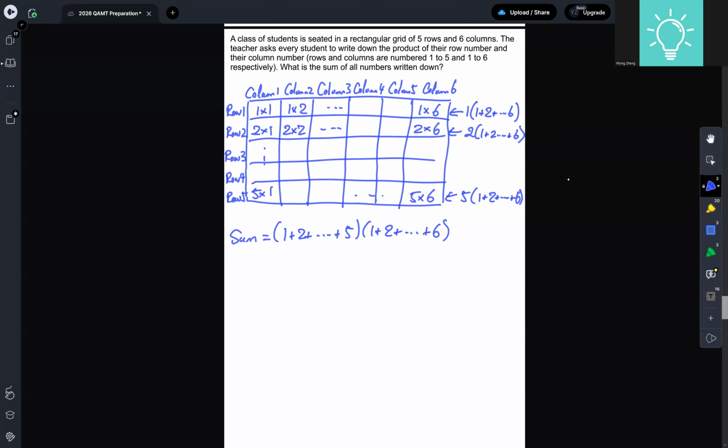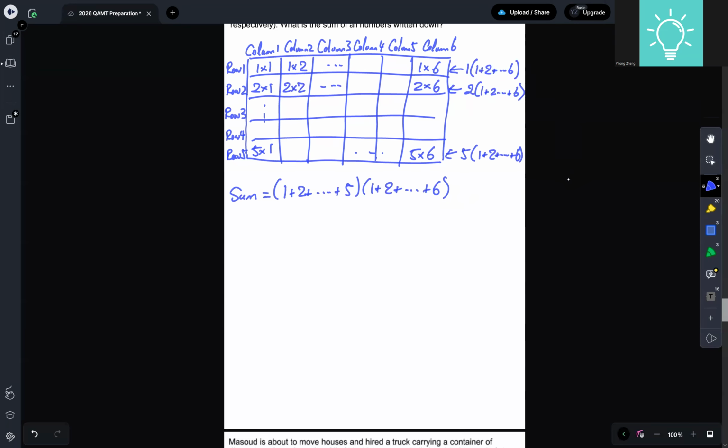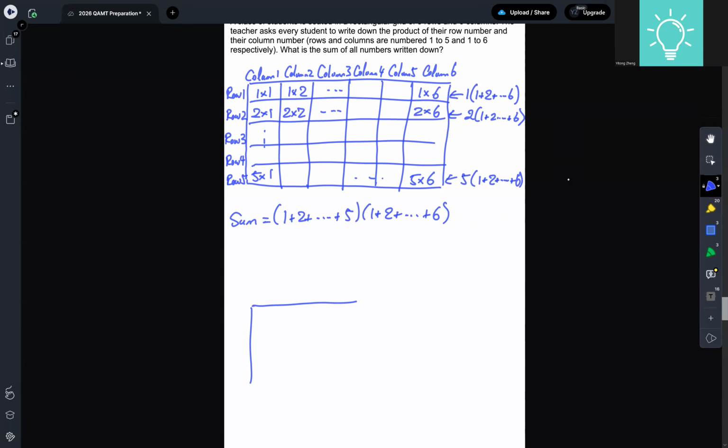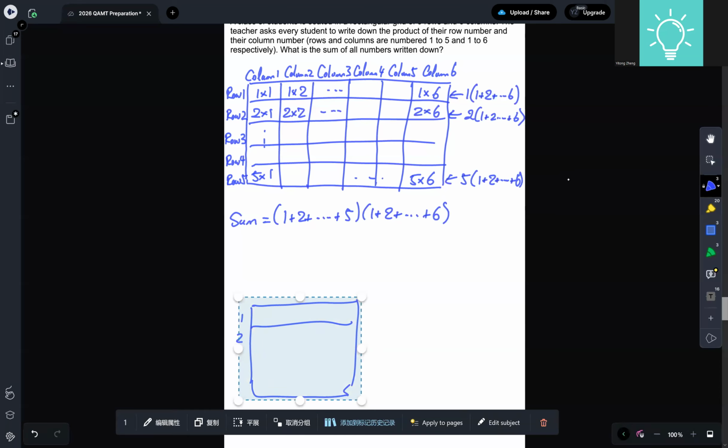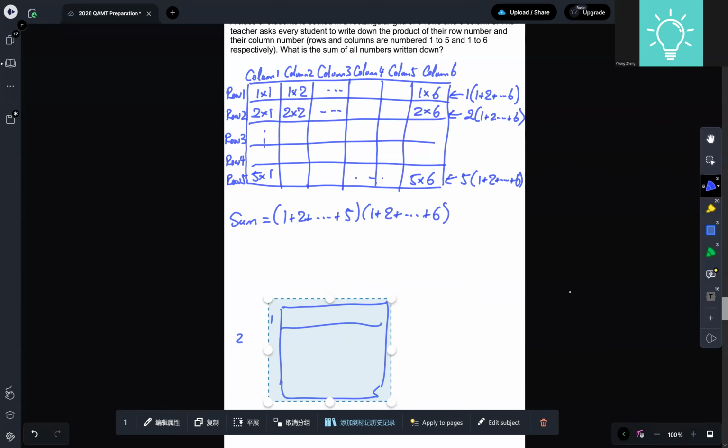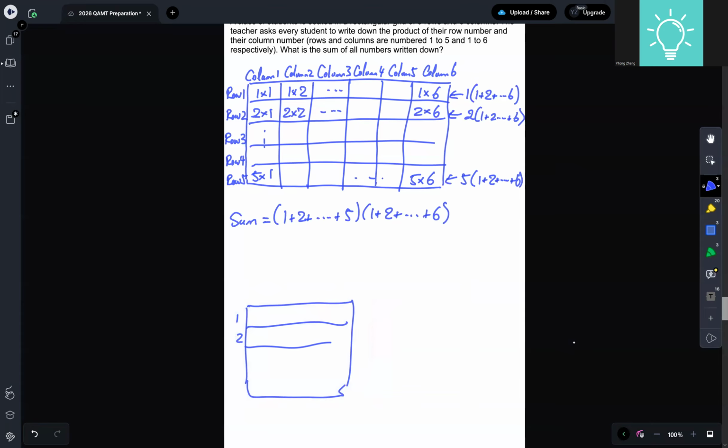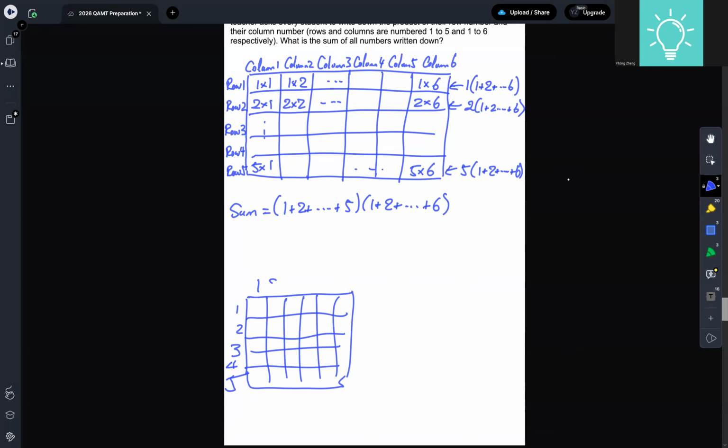Just imagine if you have a big rectangle where the length of this is 1, the length of this is 2, and so on, and you're trying to calculate the area of this whole rectangle, right? That's exactly the same numbers. The area of this is 1 times 1, the area of this is 1 times 2, all the way up to 1 times 6, 2 times 1, 5 times 1, 5 times 6.